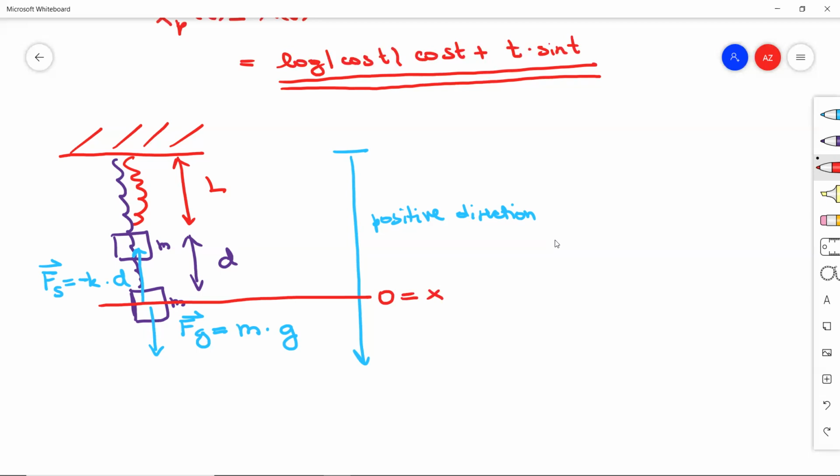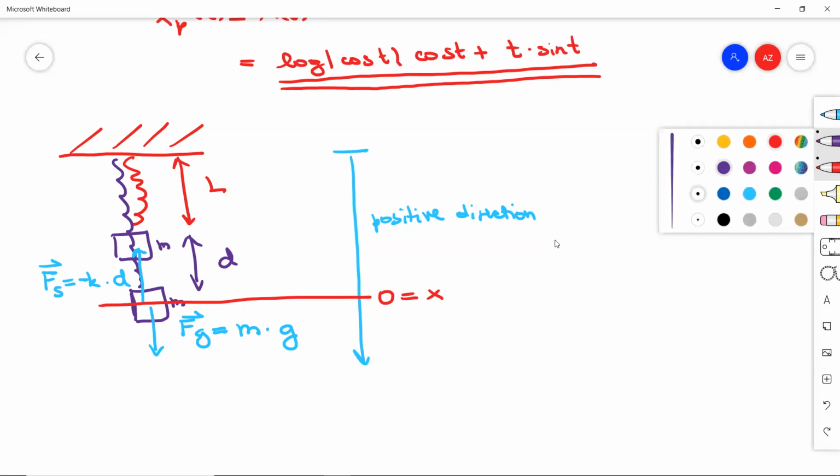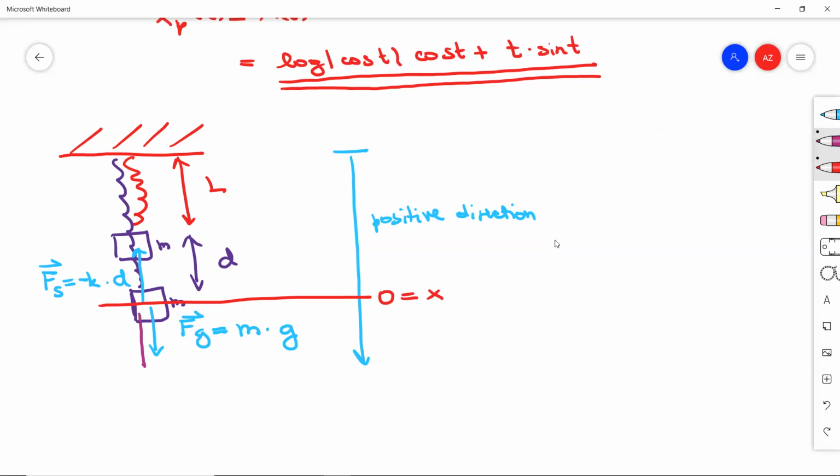So let's say that we stretch the spring for some x. So let's say that we pull it for some x out of the equilibrium position. And what's going to happen with this mass?